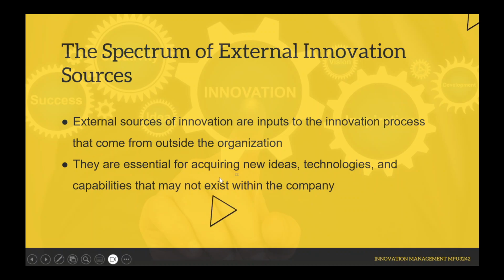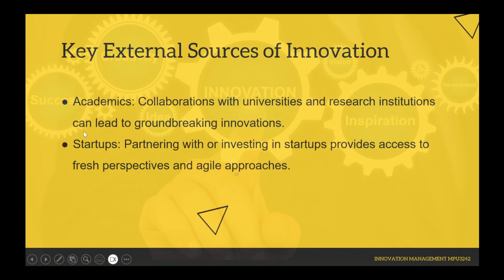They are essential to acquire new ideas from external input: new ideas, new technologies, and also capabilities that may not exist within the company. The key external sources for innovation are first the academics, where we create a collaboration between the industry and the university that can lead to groundbreaking innovation. And then also startups.